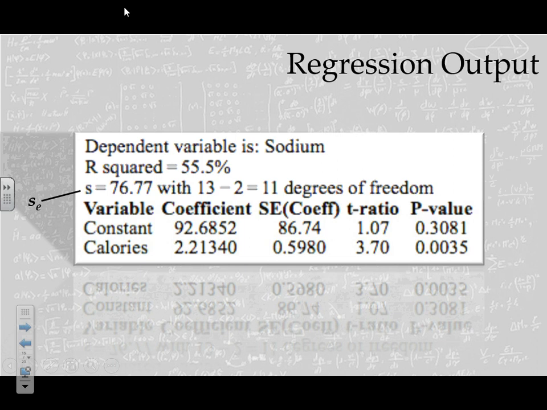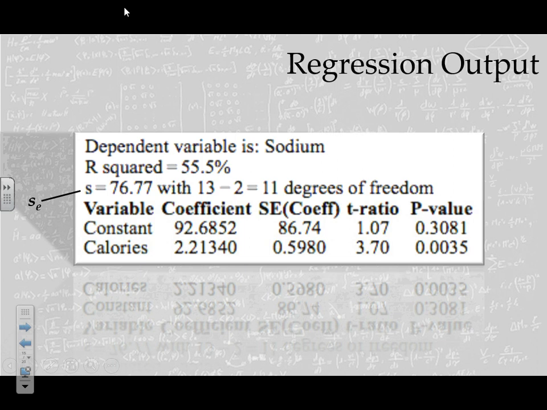So if they were to ask you to calculate standard error, the first thing you would need is your residual standard deviation, and that's located where they give you the S value. They also tell you how many degrees of freedom your test would have. So in this case, there were 13 individuals in the sample, which means 11 degrees of freedom for our overall problem.